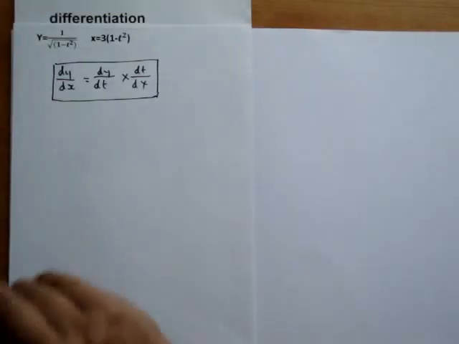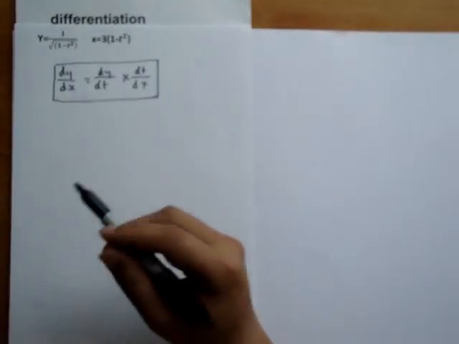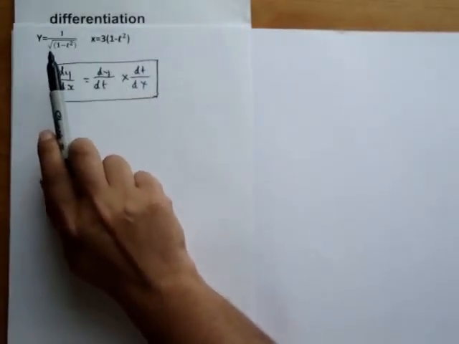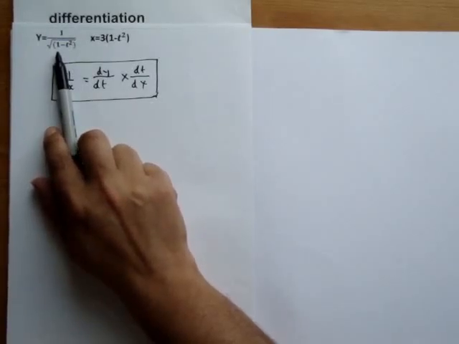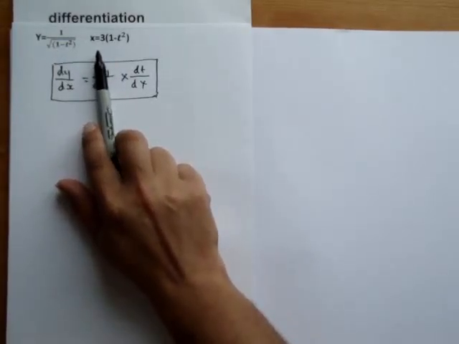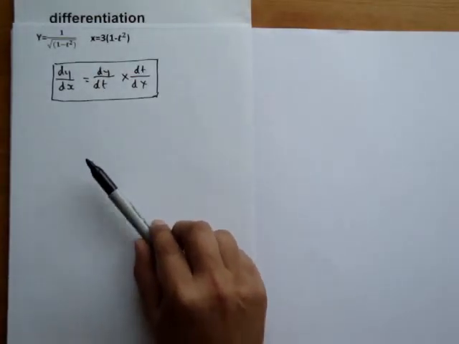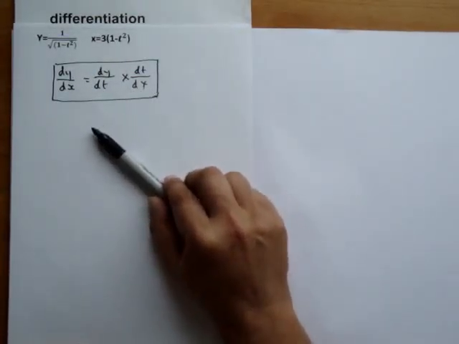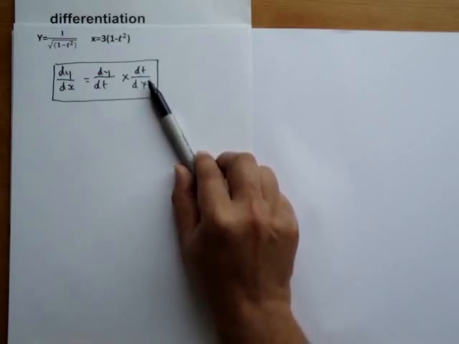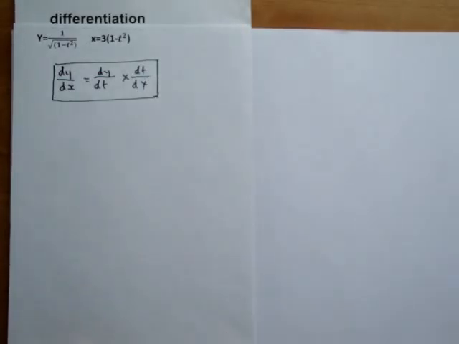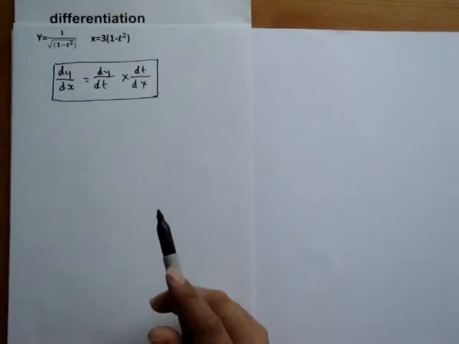So that's the chain rule, and we want to apply this in this case. So from here we can get dy by dt, and from here we can get dx by dt by differentiation. But we need dt by dx, so we'll come back to that in a minute.